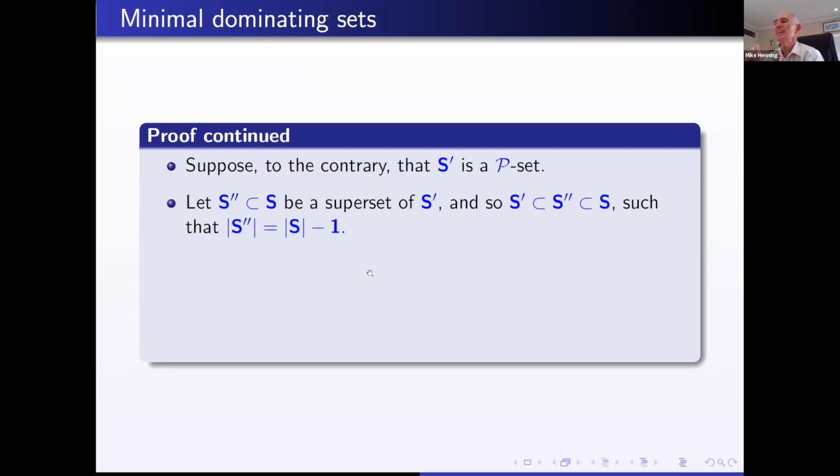Now, by the superhereditary property, the set S double prime also has property P, because we're assuming that S prime is a P set.